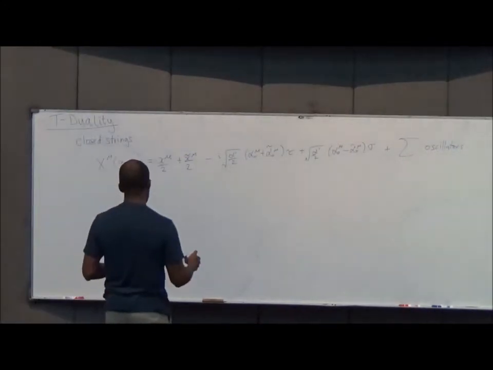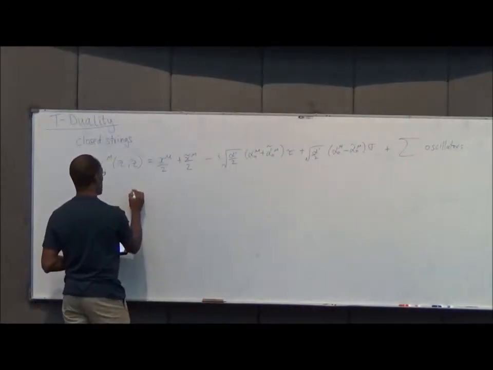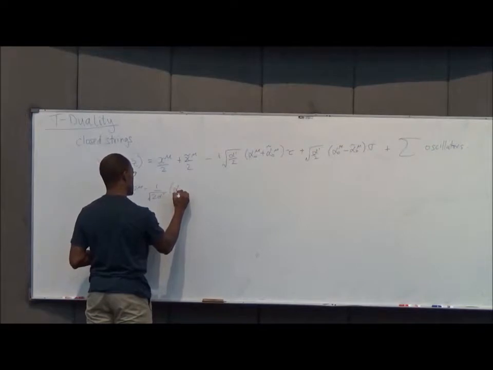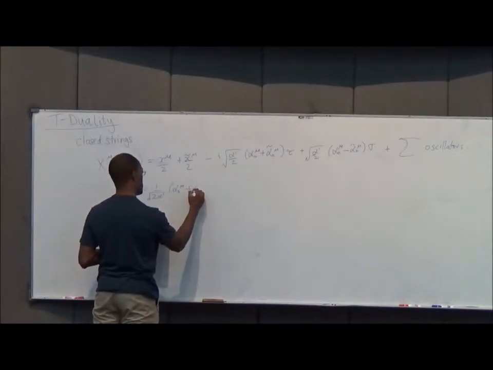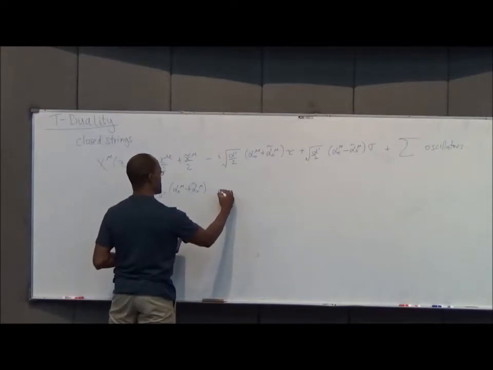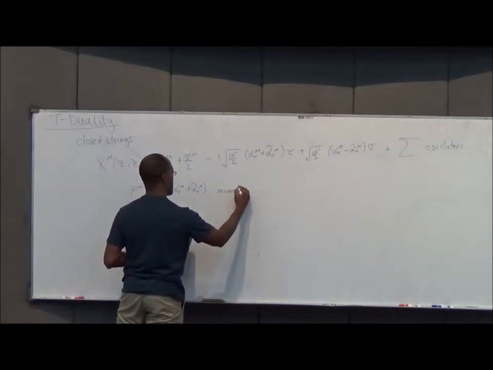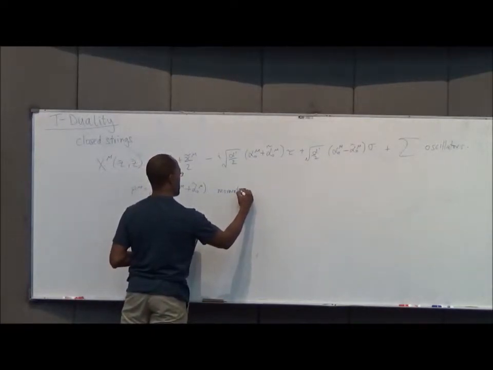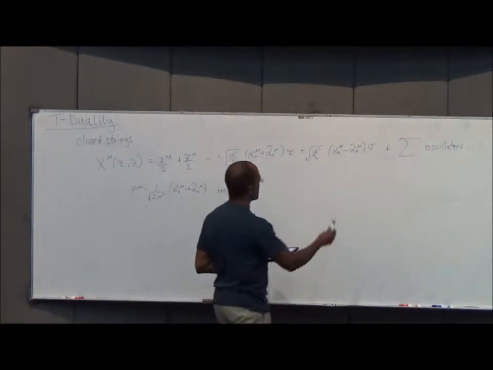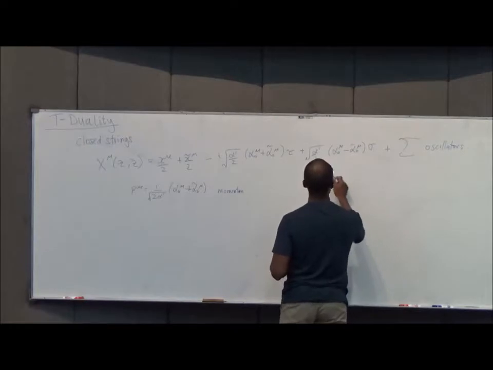Okay, so as I said, P mu equals 1 over the square root of 2 alpha prime, and this is momentum. And the way I've written things here, I've been very explicit about this.